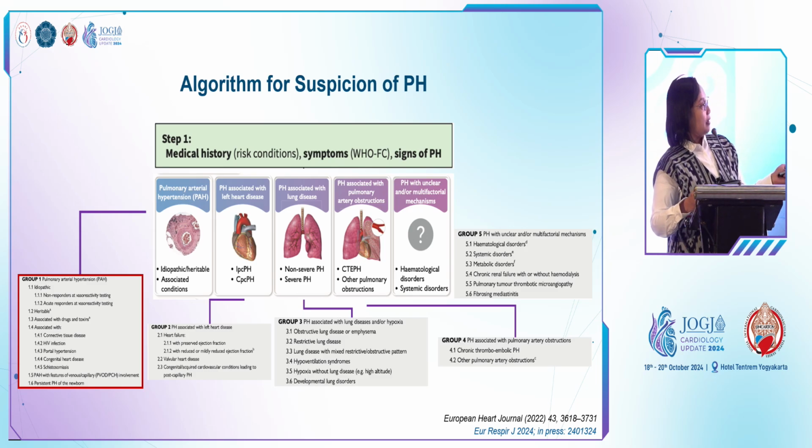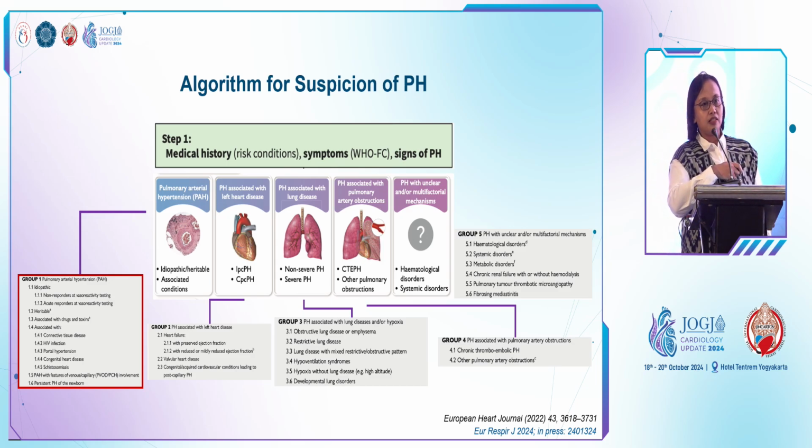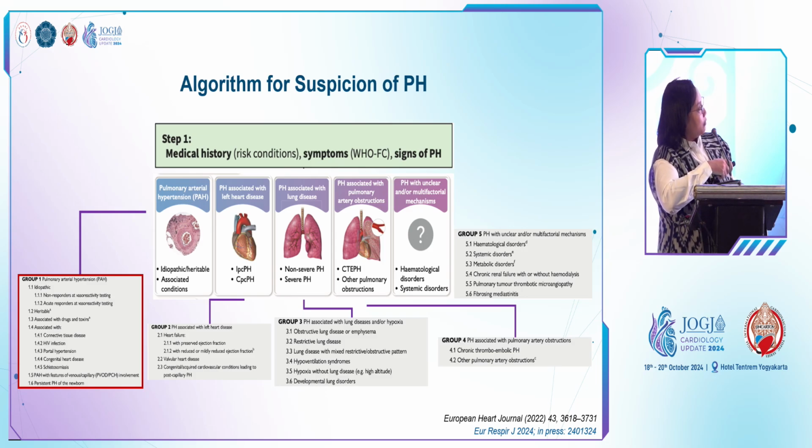These are some of the diseases related to pulmonary arterial hypertension or group 1. The first one is idiopathic. This is relatively difficult to diagnose. The second one is heritable. This is also quite difficult to diagnose, especially as we need genetic examination.